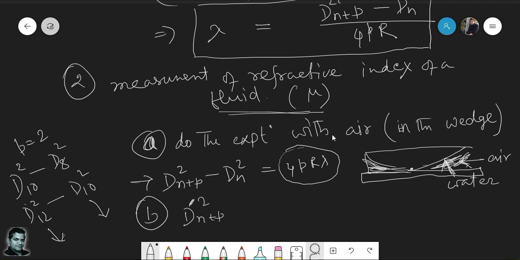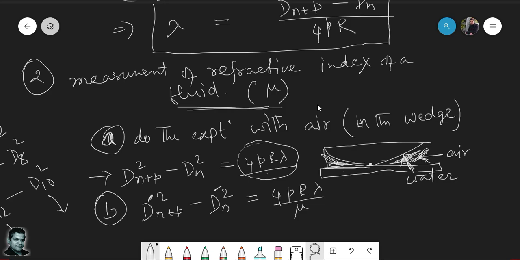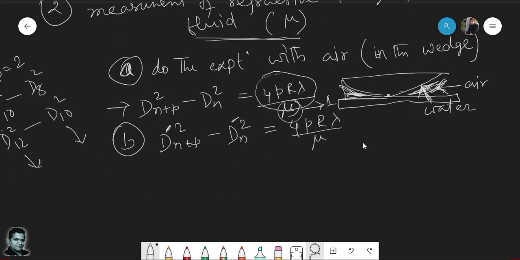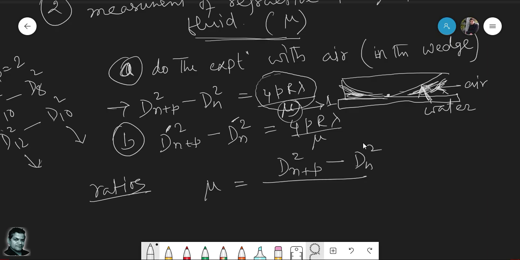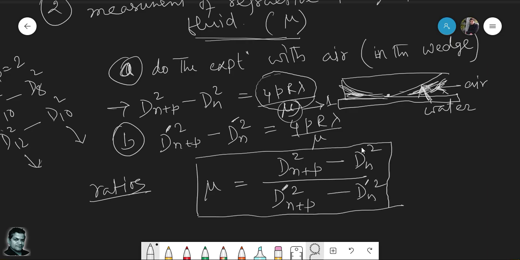These diameters are now a little changed, and the difference would be 4pRλ divided by μ. Here we neglected μ for air because for air μ equals 1. Now if you take the ratio of these two, you get μ equal to (D_(n+p) squared minus D_n squared) divided by (D'_(n+p) squared minus D'_n squared). This is the expression you use for measuring the refractive index.